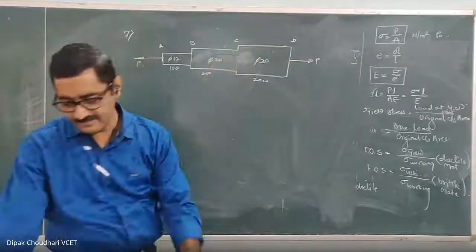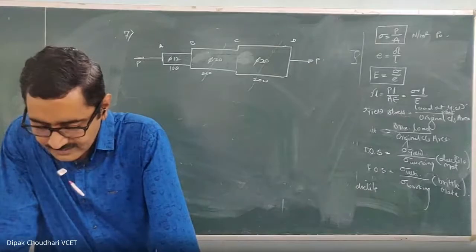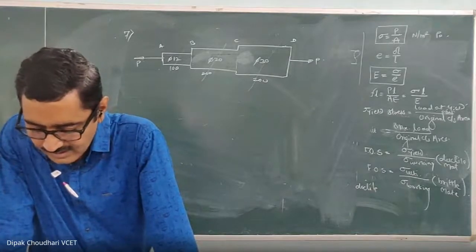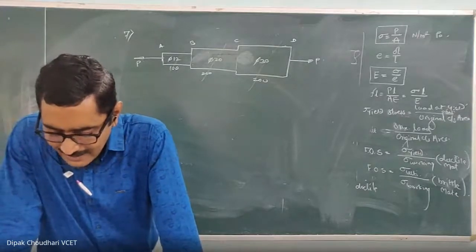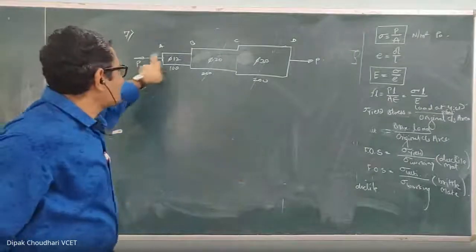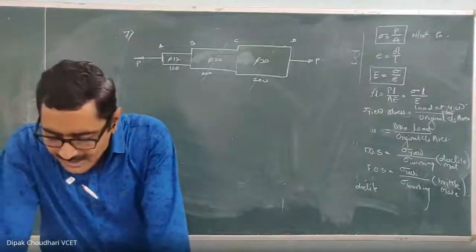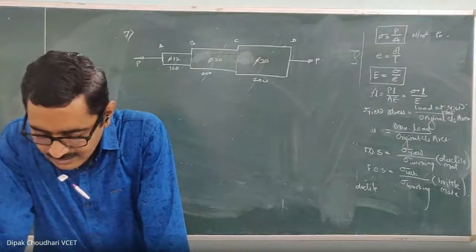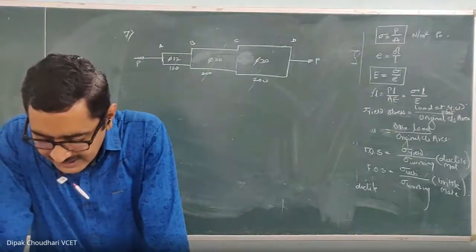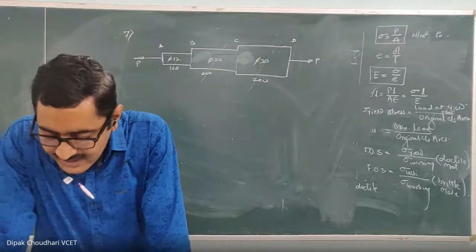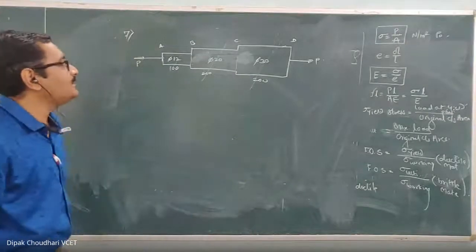Diameters are given. Determine the maximum axial pull. You have to calculate the maximum axial pull, how much maximum axial pull we can apply, to which the bar may be subjected if the maximum stress is limited to 100 Newton per millimeter square.